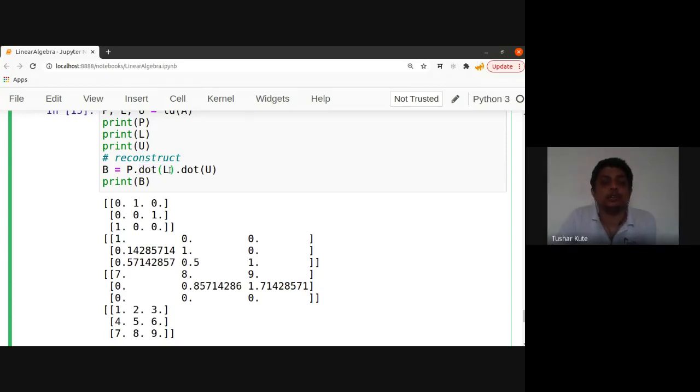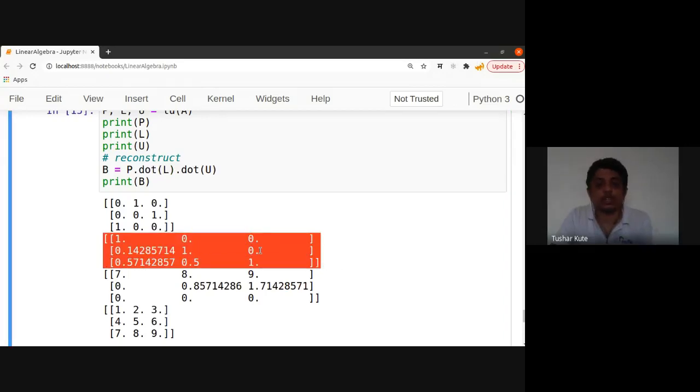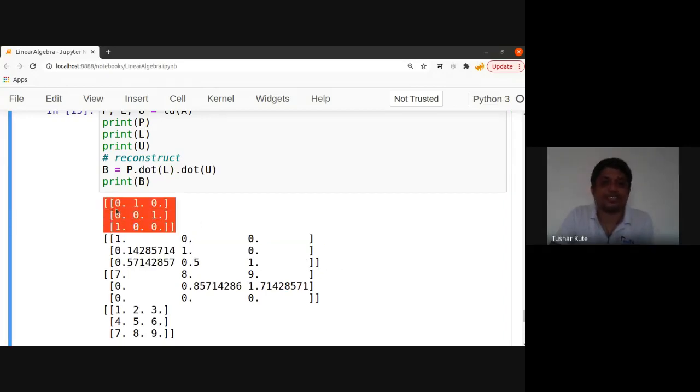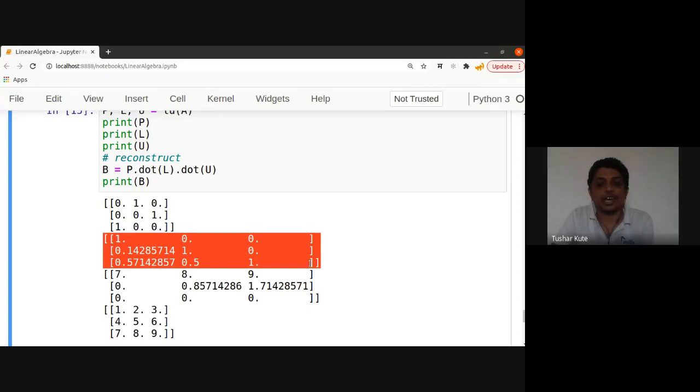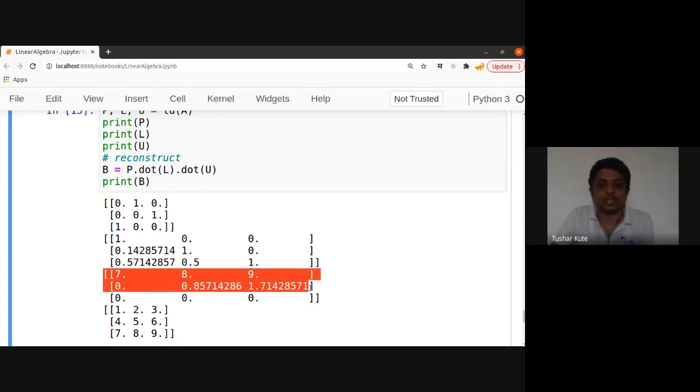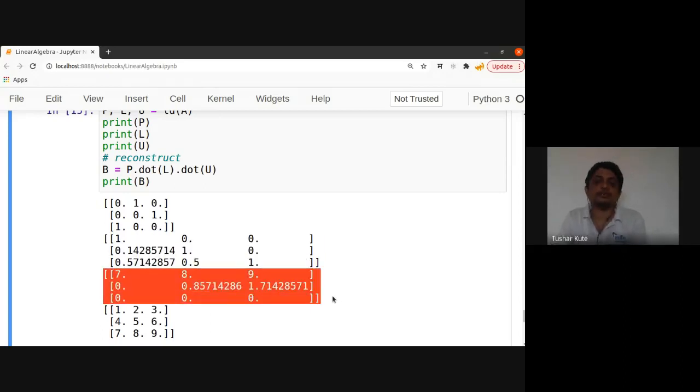First of all, this is your P matrix, which you can see. Then the second is the L matrix, the lower part, decomposed.